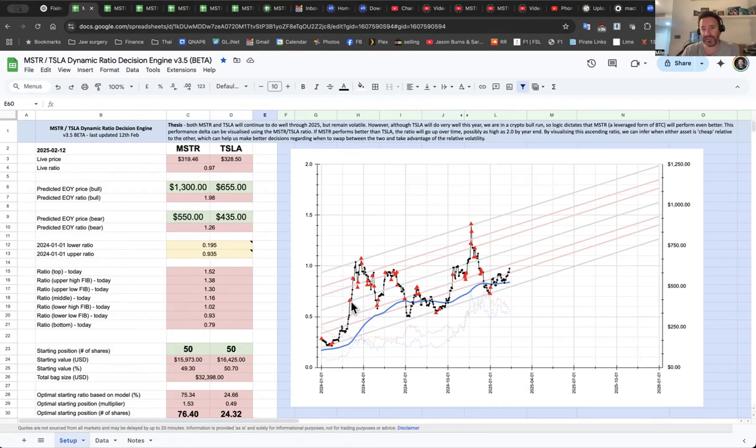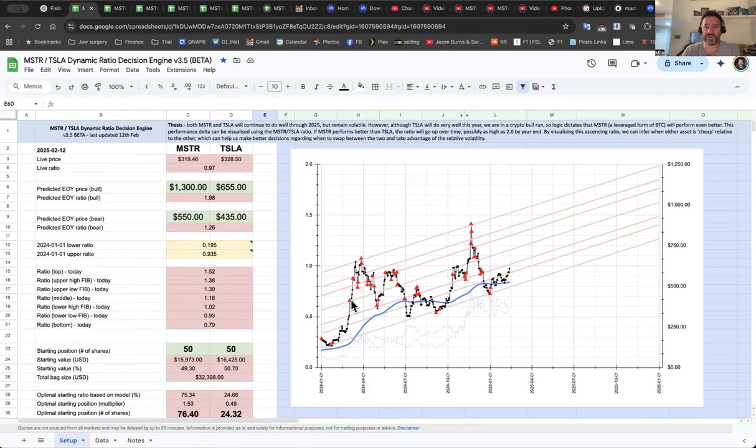As an example, if we think of this range here, which is what we're trading in, this is where MicroStrategy is cheap and Tesla's expensive, and this is where Tesla is expensive and MicroStrategy is cheap relative to each other, and in the middle is the equilibrium where we think they're both equally priced, not in dollar terms, but just relative to each other.